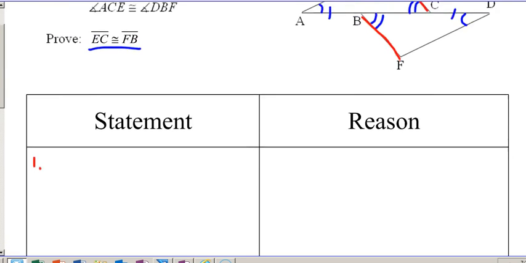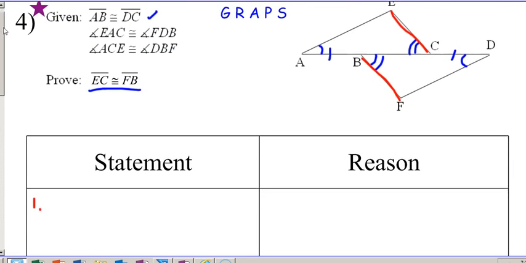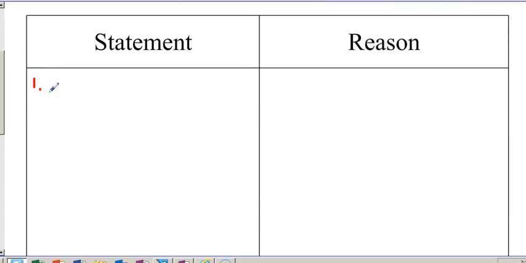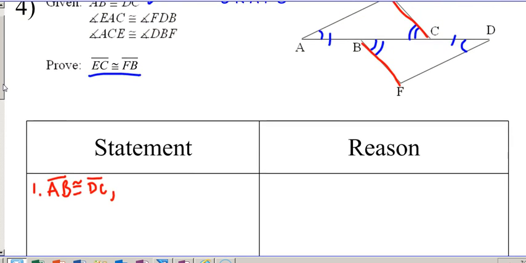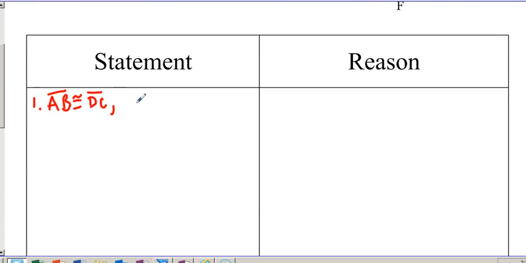Givens being AB congruent to DC. And we have some angles that are congruent. EAC, FDB.